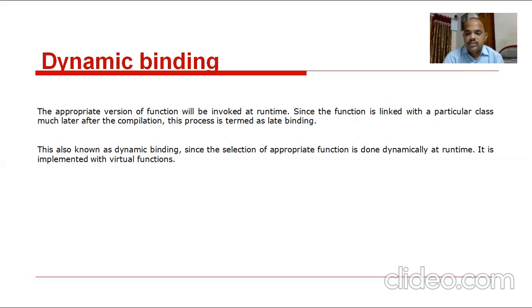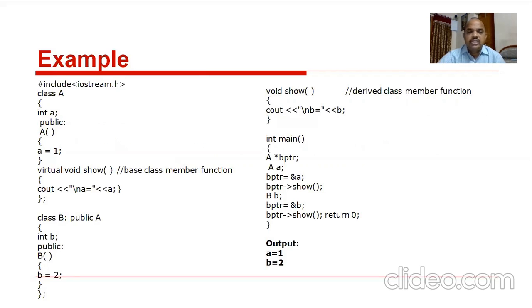Clear? Then the next one is an example program for dynamic binding. This is the base class, then this is the derived class. This is the base class member function. Then virtual void show: simply, the virtual keyword is used in dynamic binding.